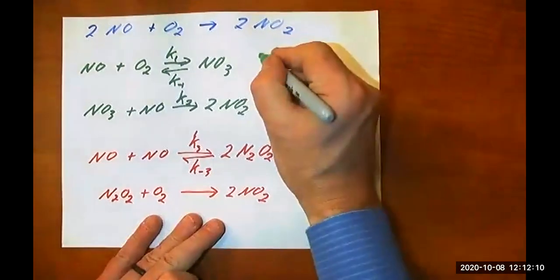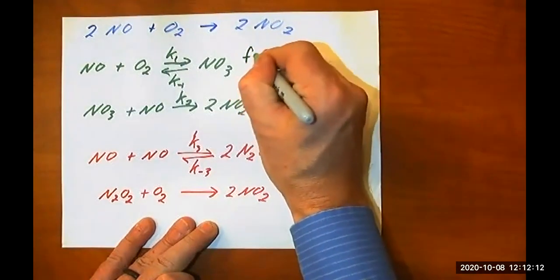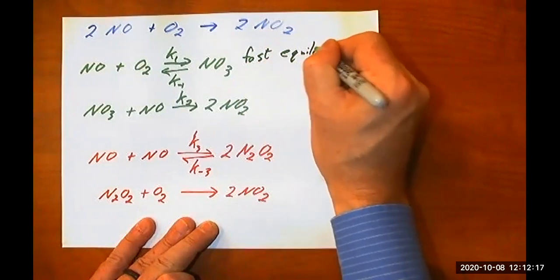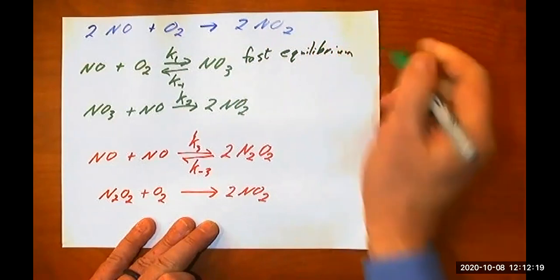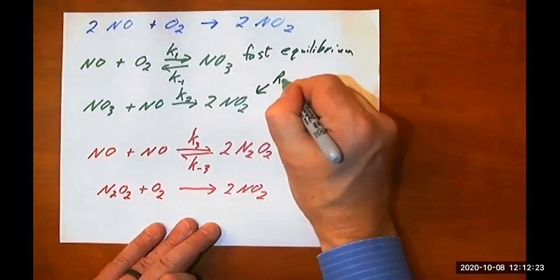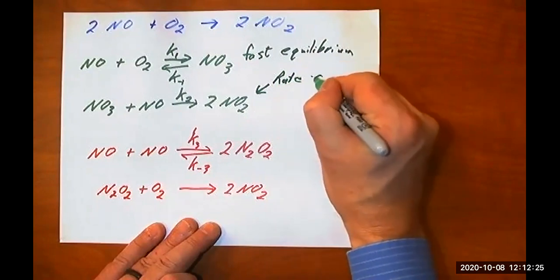What we are told as well is that in this case, this is a fast equilibrium, and therefore this is the rate determining step.